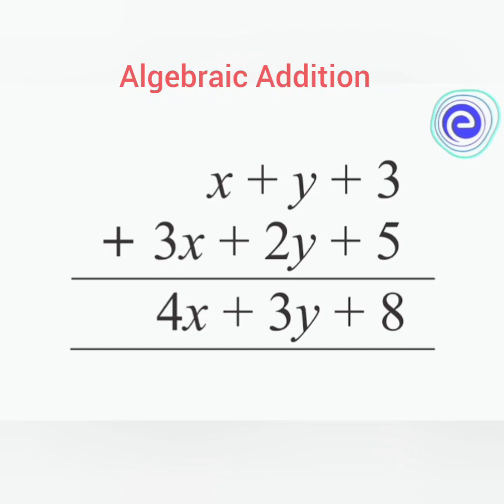So we can add up x plus 3x, 4x. Now x there has a coefficient of 1 that is not written. Whenever we are adding or subtracting algebraic expression, we look out for like terms. X goes with x, y goes with y, and then the constants, the numbers, we add them together.